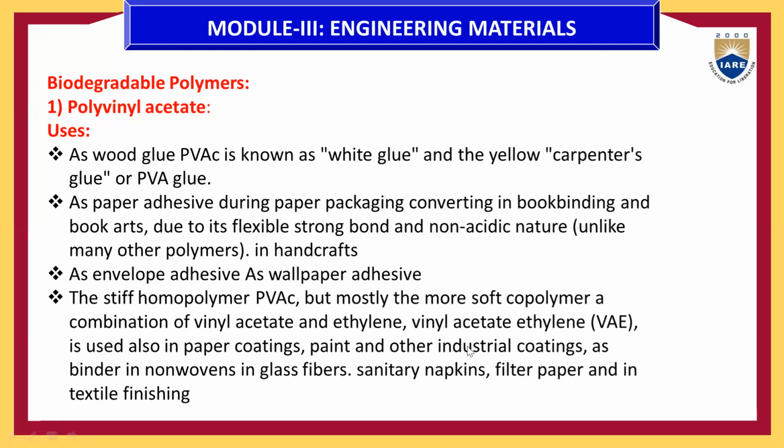These are used as envelope adhesive and wallpaper adhesive. A softer copolymer is a combination of vinyl acetate and ethylene. Vinyl acetate ethylene is used for paper coating, paint, and other industrial coatings as binder, non-wovens in glass fibers, sanitary napkins, filter papers, and in textile finishing.